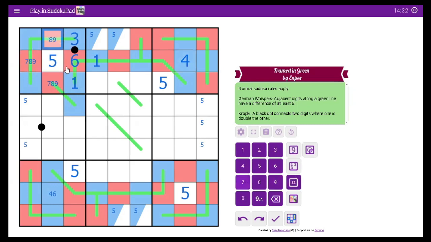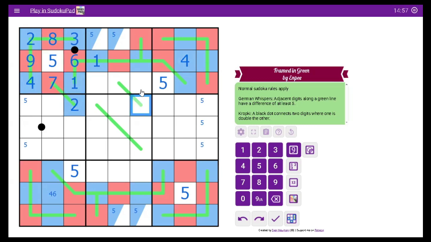That's not a 7. To put a 4 somewhere, you can't put the 4 there. The 4 will go there, which will make this a 9, which will make this an 8, which will make that a 7, which would force this to be a 2, forcing this to be a 2. So far, this is okay.